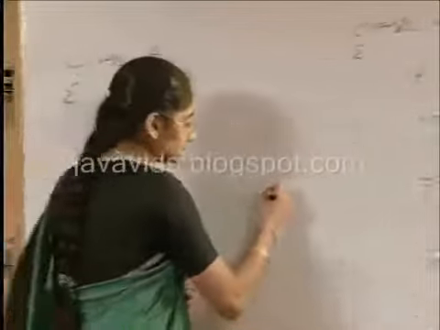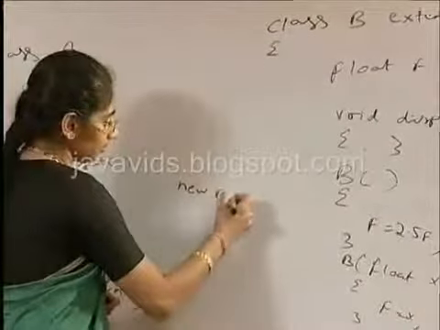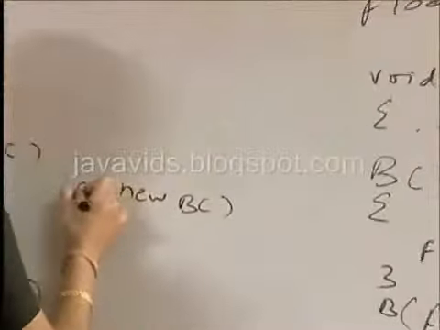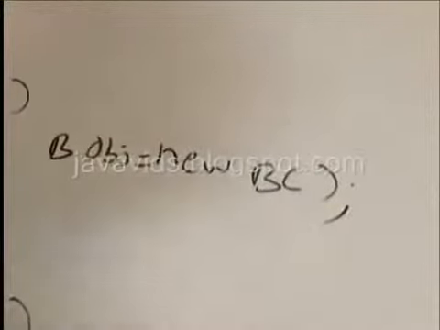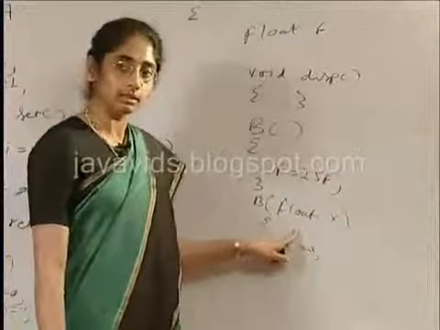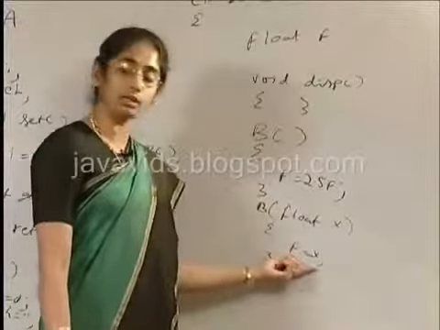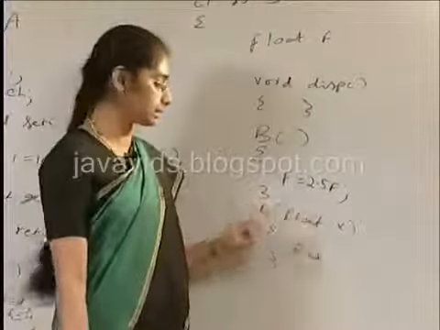So when we create an instance of this class B by saying new B, it comes into this constructor, but notice that we have not written any call to the parent constructor.